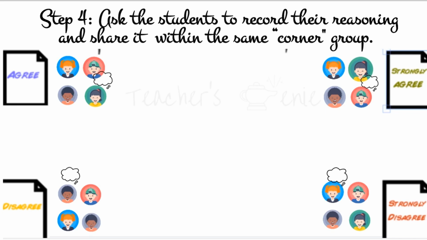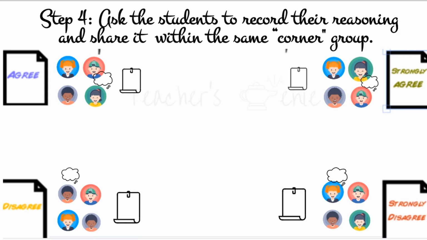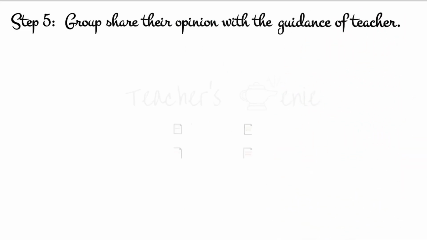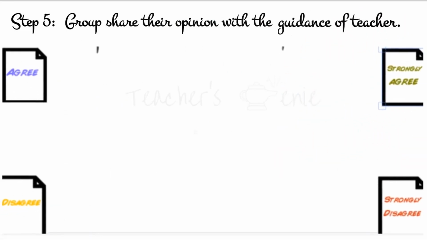Now they will think about their answer and note down why they think that answer is correct. Then they will share it with their same corner group members so that they can come up with a presentation to support their argument.